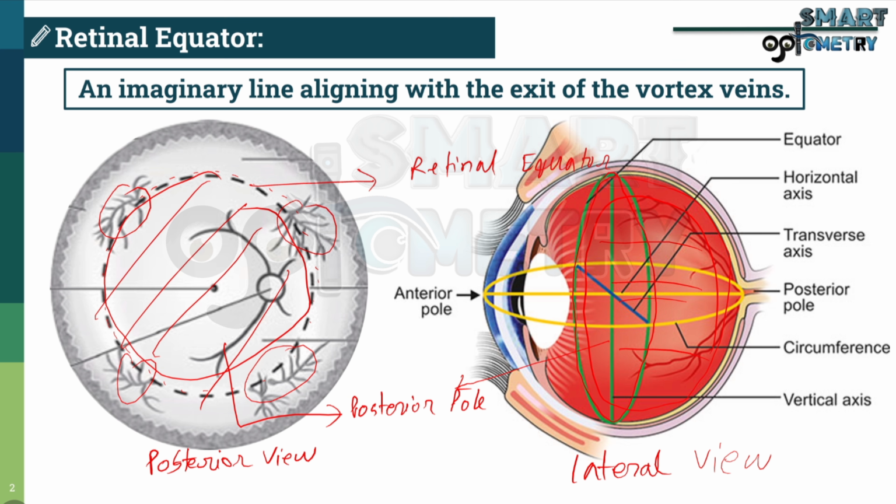And the part of the retina anterior to the equator is the peripheral retina, from the equator to the ora serrata.